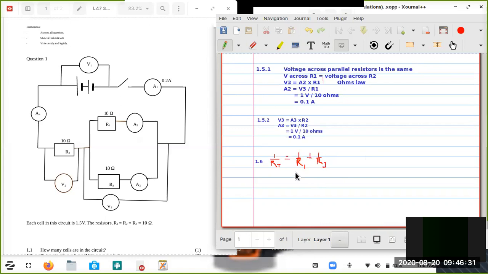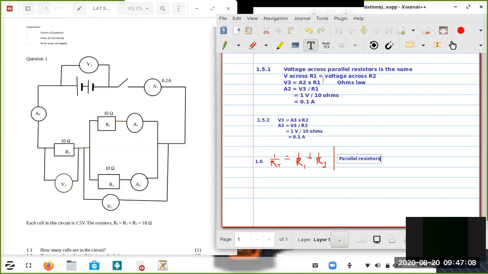We then simplify the reciprocals and solve for the resistor T. Now, why are we using this? Remember, this is because we are dealing with a parallel circuit. These are resistors that are parallel to each other, parallel resistors.